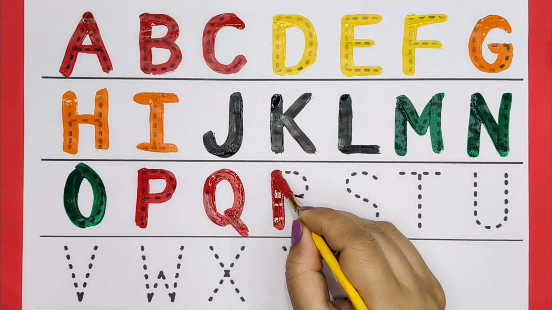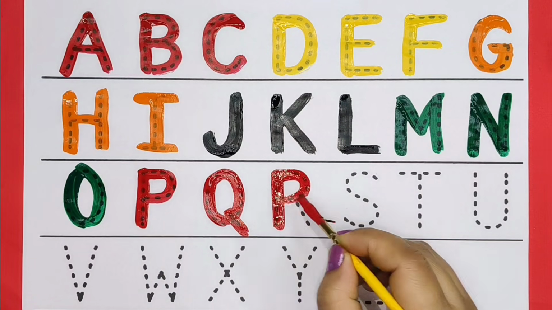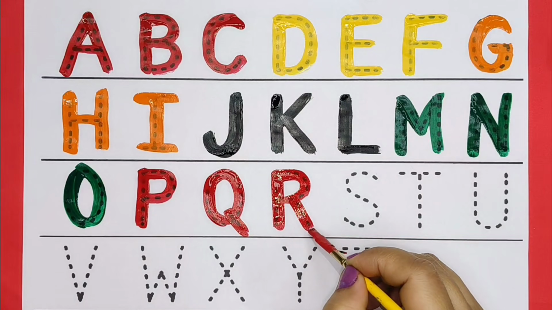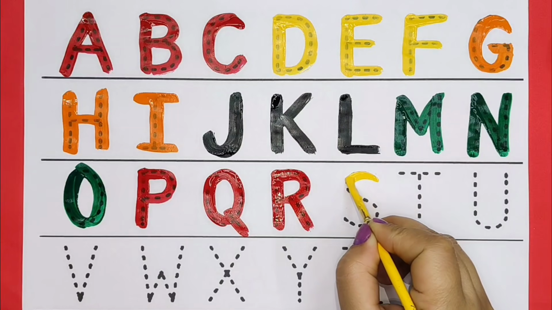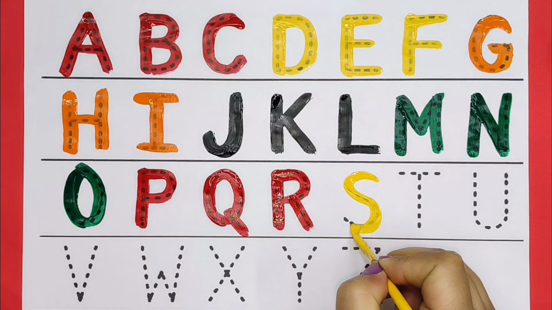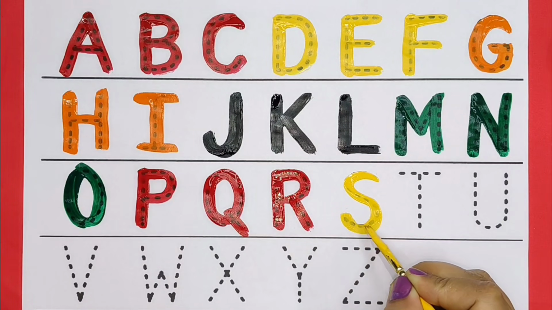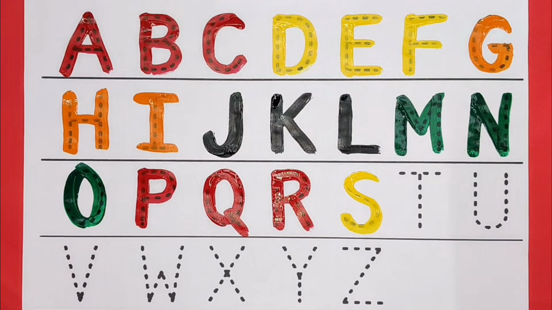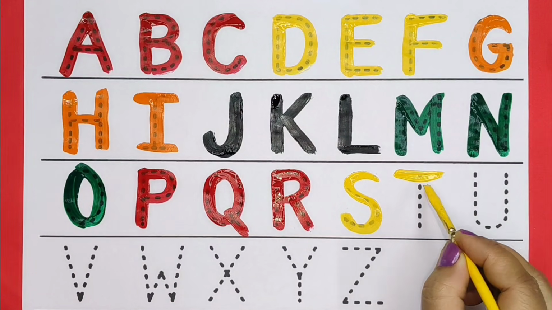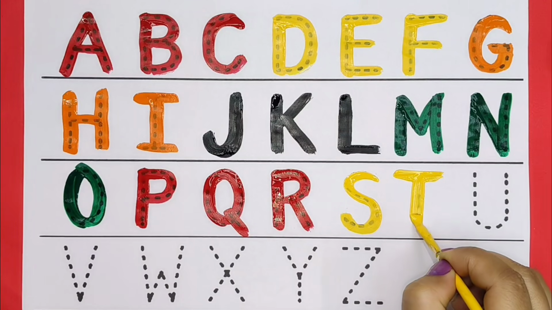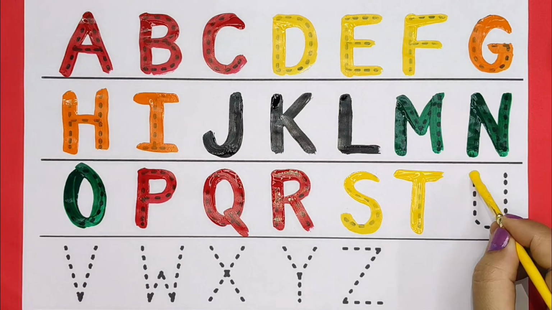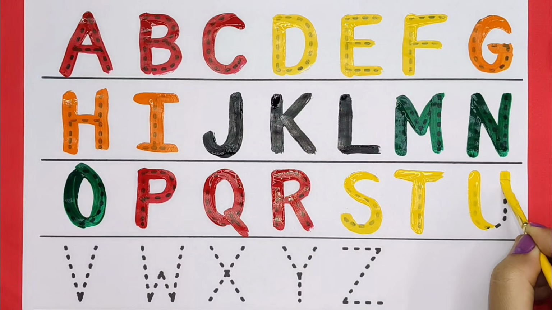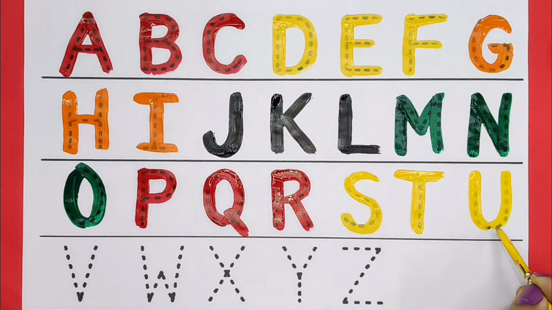R, R for rabbit. Yellow color. S for sun. T, T for tiger. U, U for umbrella.